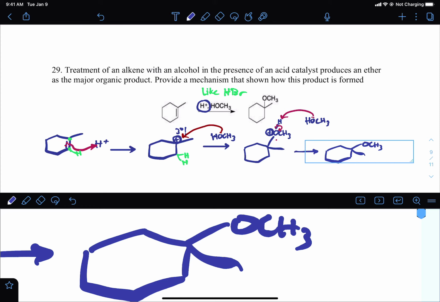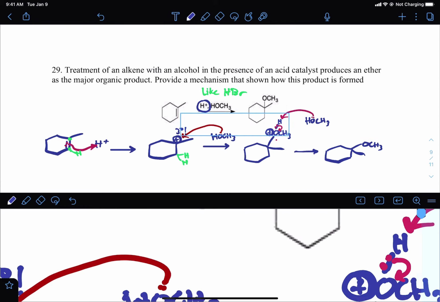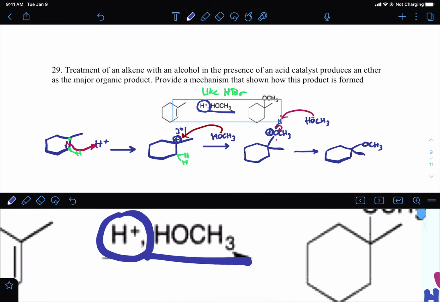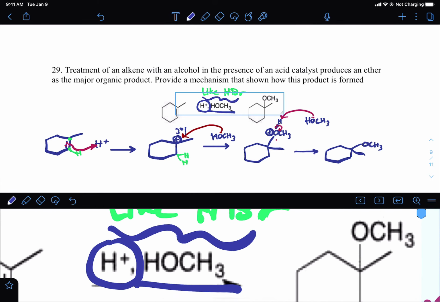So, again, that's acid and alcohol. You could think of it as essentially the same mechanism as HBr. It follows Markovnikov's rule: protonate the alkene, make the carbocation, add the nucleophile.